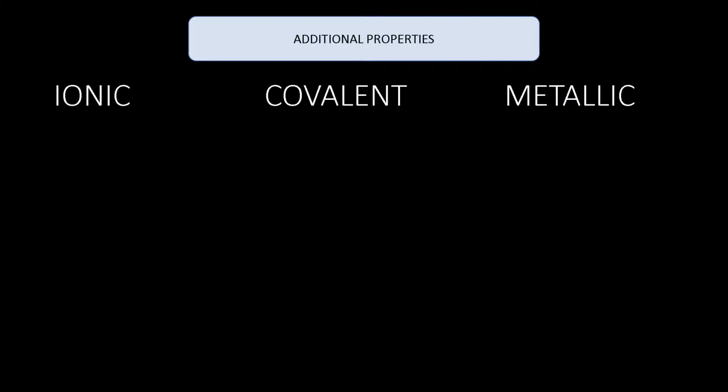Some additional properties that don't necessarily fit under any categories together but are important to know. Most ionic compounds are hard, and most ionic compounds are brittle. For covalent compounds, some are flammable, and they are poor conductors of heat.